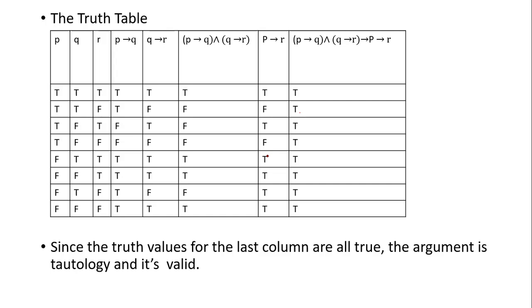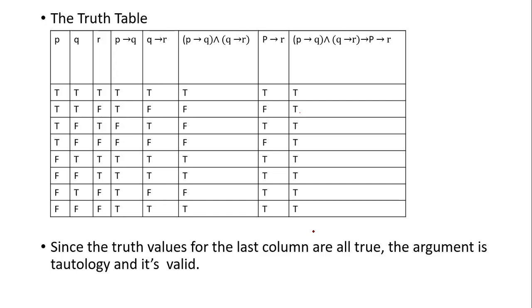So that is the implication table. Now, since the truth values of the last column are all true, the argument is a tautology and it's valid. If the argument is a tautology, it means that the conclusion becomes a valid conclusion. So we have gotten all of the last column being true, it's a tautology.